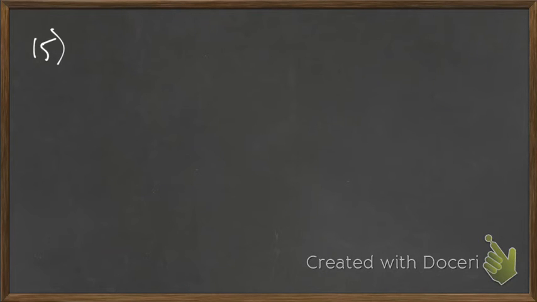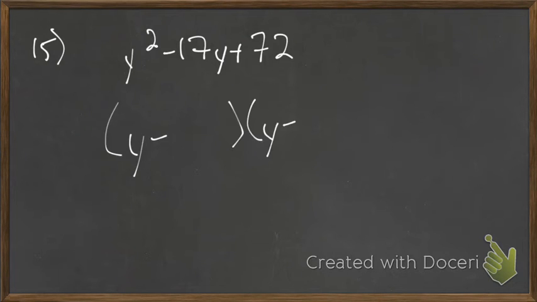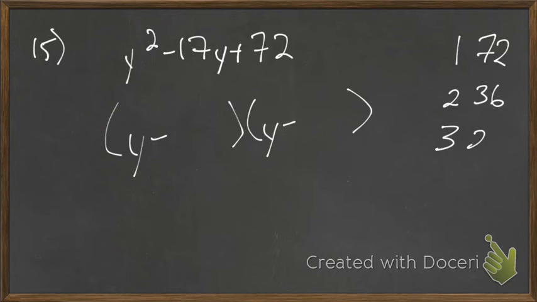Number 15. This one looks tougher. We got a 72. You guys seeing that minus minus action? It multiplies to be positive, adds to be negative. So factors of 72: I got 1 and 72, 2 and 36, 3 and 24, 4 and 18, 6 and 12, 8 and 9.